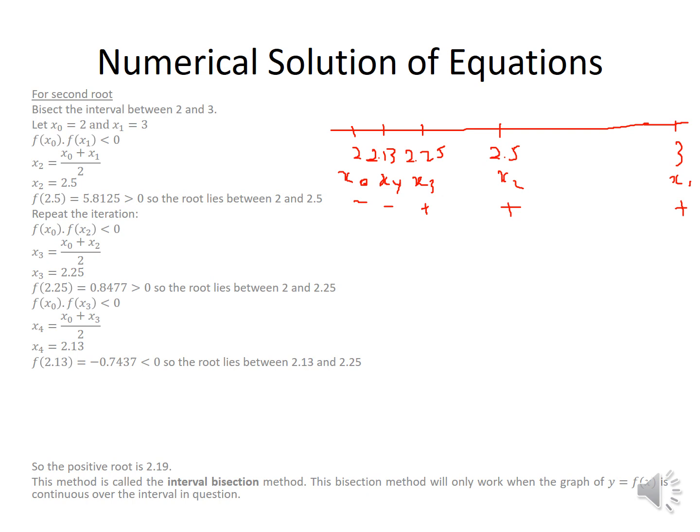So continue to bisect, and the root is between x4 and x3. So x5 is equal to (x4 + x3) divided by 2. And the value is 2.19. So this is x5.